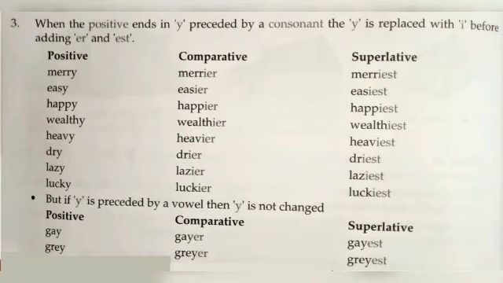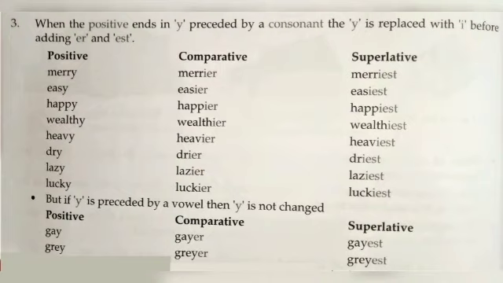And so it says, if the word is ending with Y preceded by a consonant, then the Y is replaced with I. It means we have to omit Y, and instead of that we have to use the alphabet I before adding ER and EST.